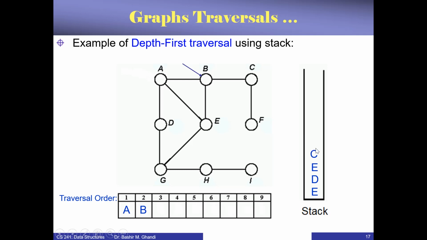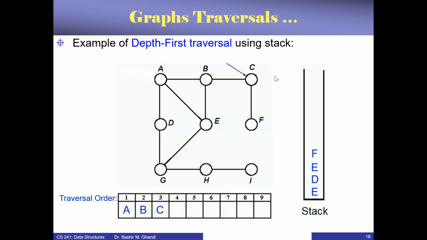Next, we pop C and visit it, and it becomes our active vertex, and identify its adjacent vertex not yet visited, only F this time. So push that F onto the stack.